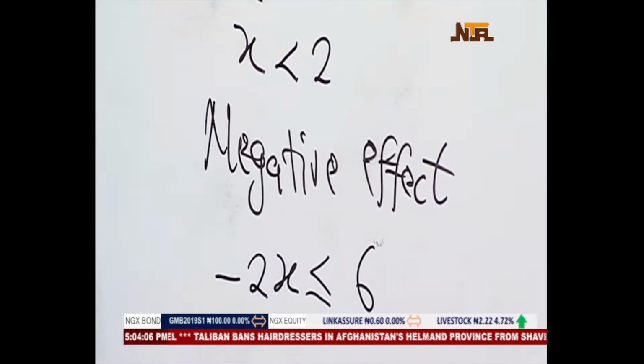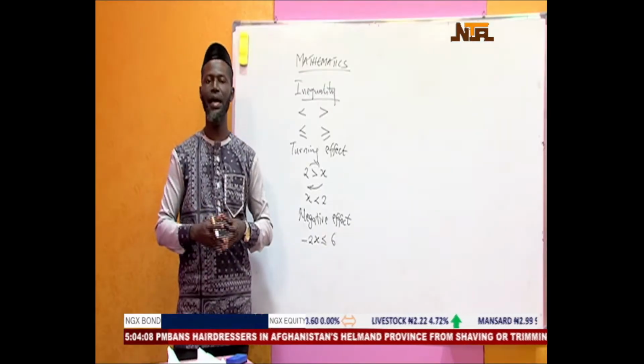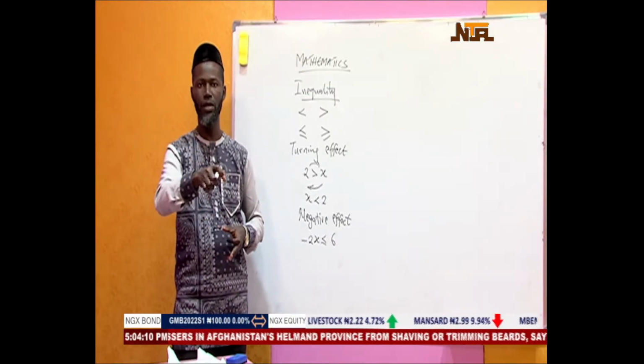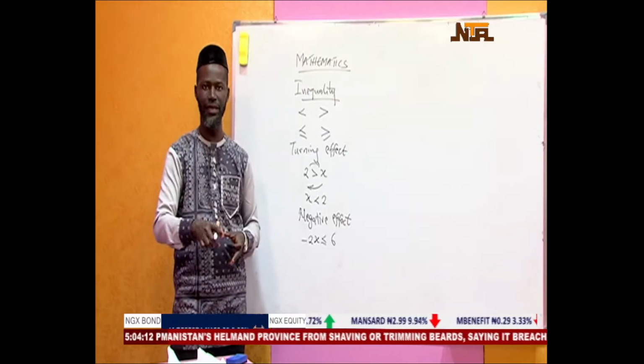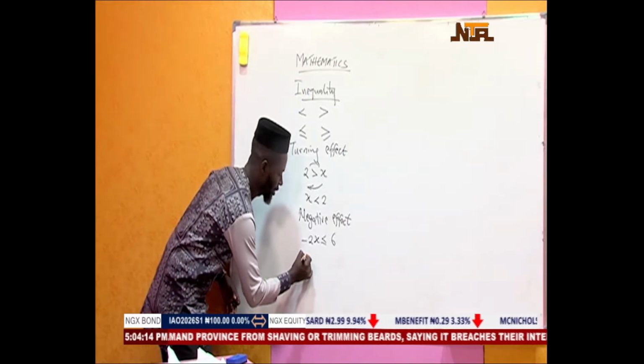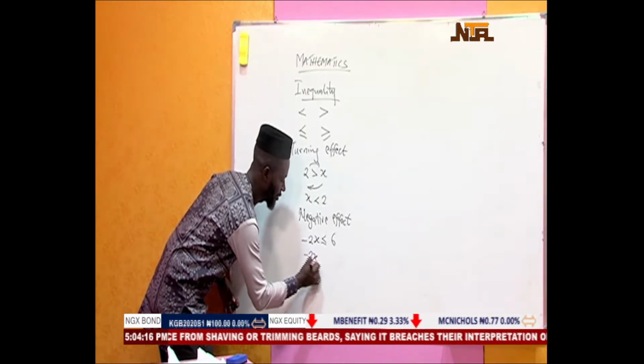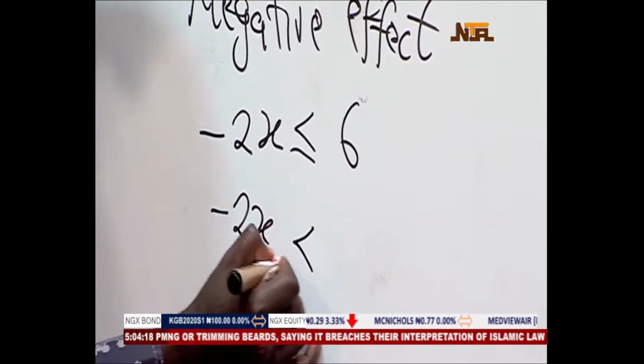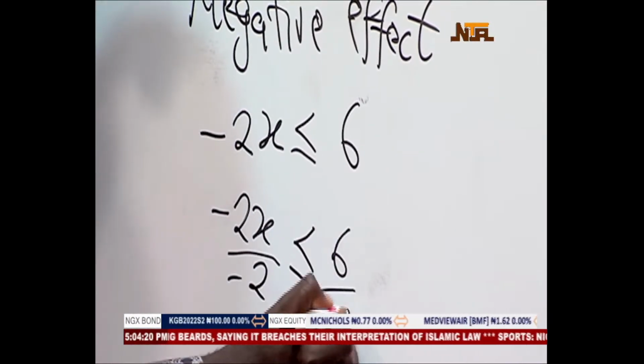Now for this, we can say divide both sides by -2, which is the coefficient of x. Divide both sides by -2, we have -2x divided by -2 less than or equal to 6 divided by -2.